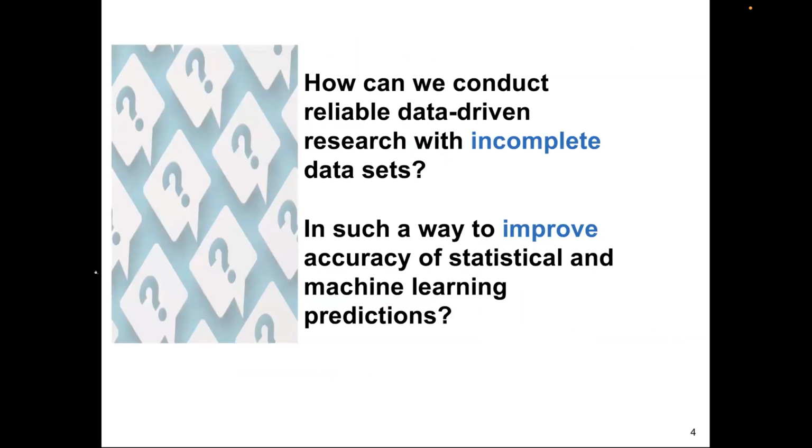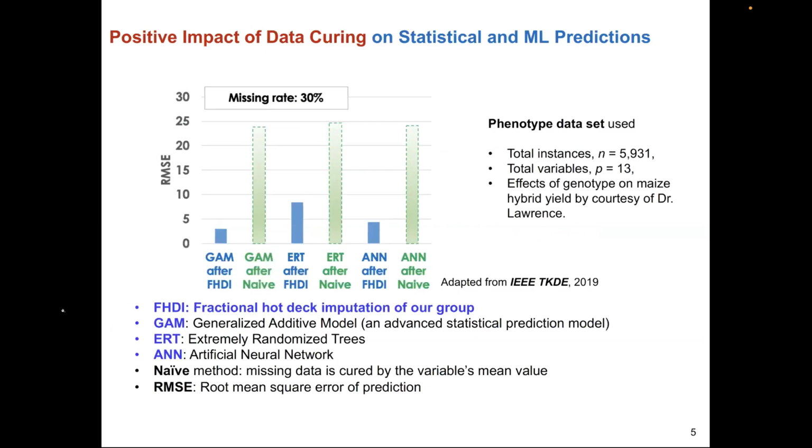It's everywhere. The question is, how can we conduct reliable data-driven research with incomplete data sets in such a way as to improve the subsequent statistical and machine learning predictions? We want to help the accuracy. As a heads-up, I want to share this result from previous research.